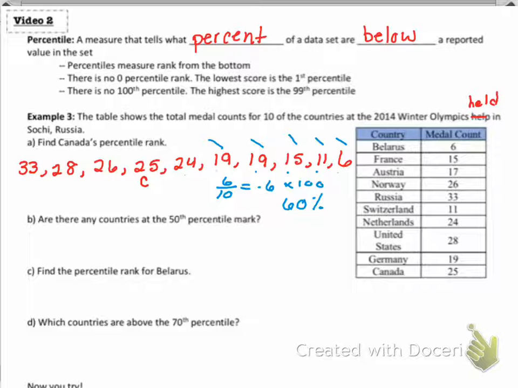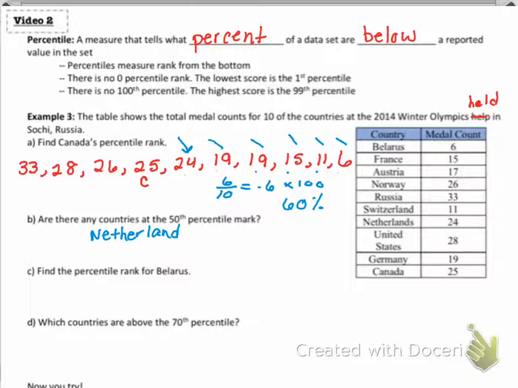That would land me at 24. Looking at my table, 24 is the Netherlands. So the Netherlands score at the 50th percentile mark because they had more than 50% of the countries.